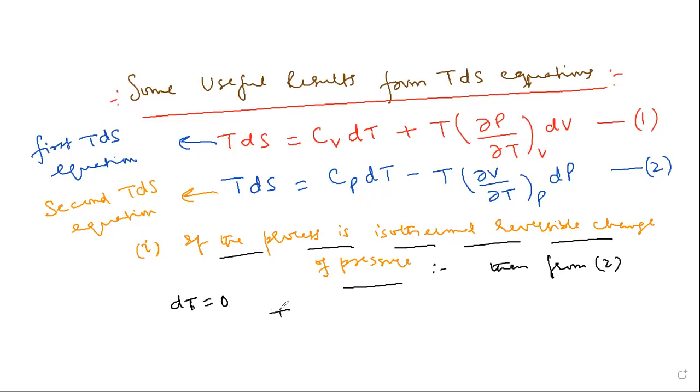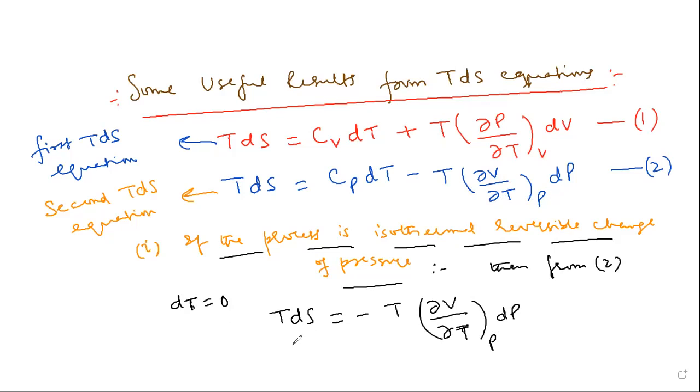We will get TDS is equal to minus T dou V by dou T at constant P dP.